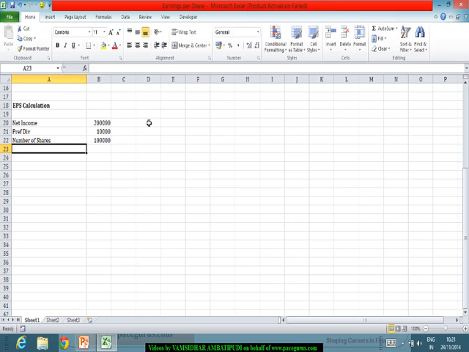Now here I can compute the basic EPS without any complication. I'll take net income minus the preference dividend, and divide it by the weighted average number of shares. I can very well say that the basic EPS is somewhere around 1.9.